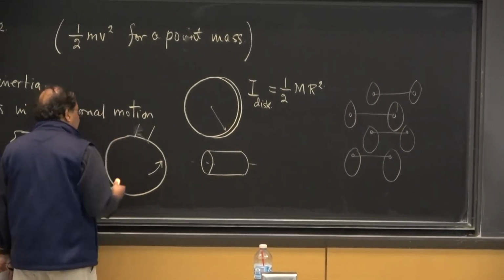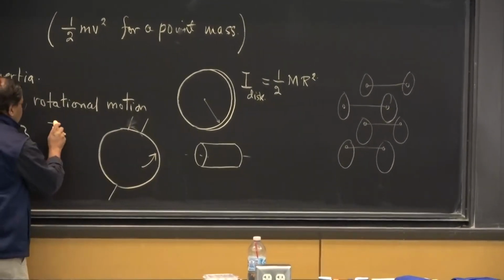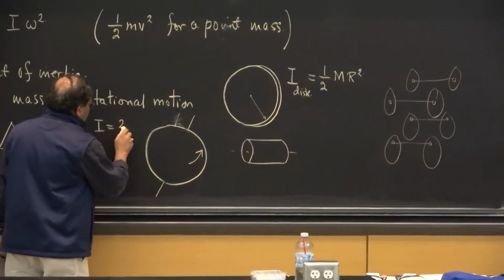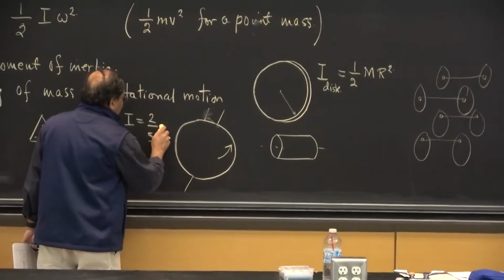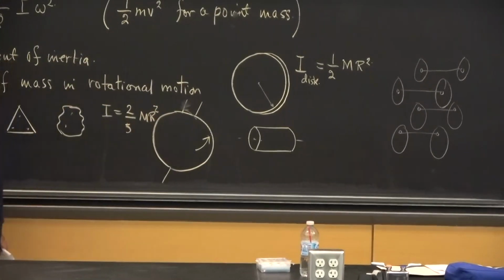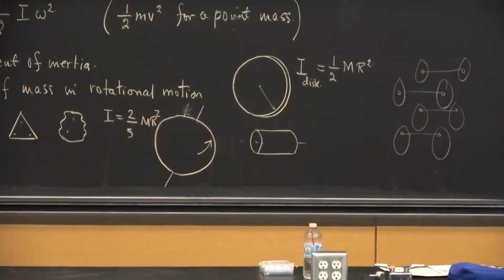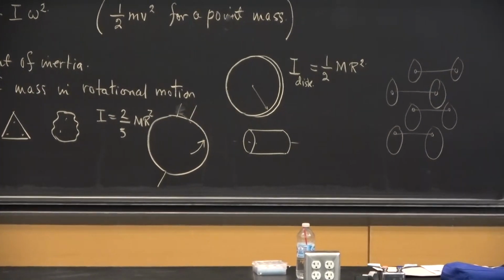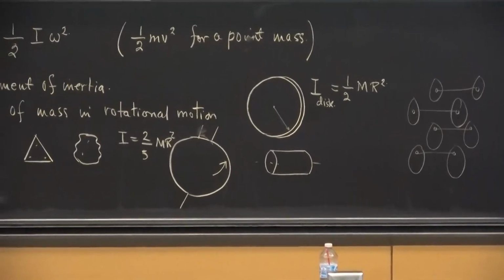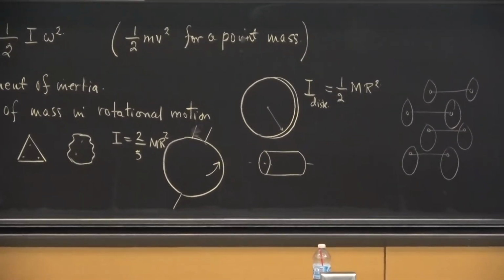For a sphere, the moment of inertia I, which is easy to calculate using a little bit of calculus, is 2/5 mr squared. So you get all kinds of very interesting numbers when you actually start to do these moment of inertia calculations.